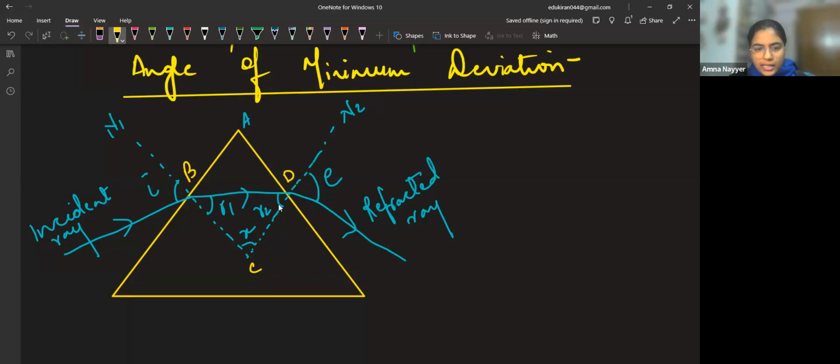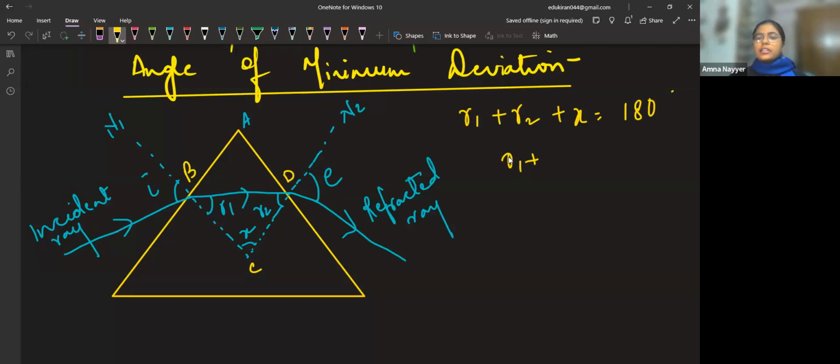Now see, if you look at triangle BDC, can you notice R1 plus R2 plus this angle X makes an angle of 180 degrees, correct?